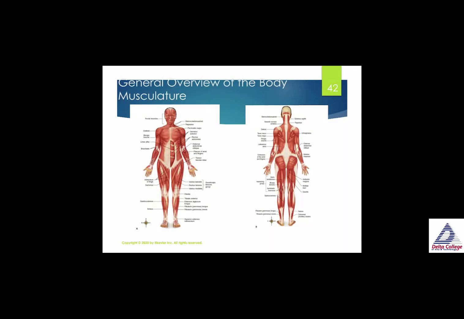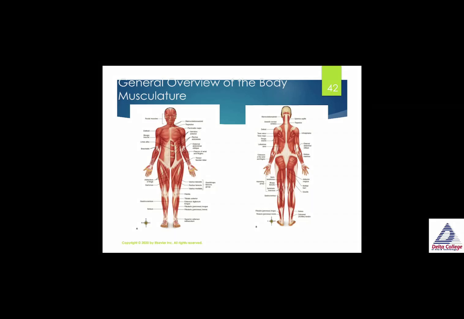Again, you will not be labeling, but you have to know which muscles are in certain areas and what they move. You can see in this image on the right side in the back of the body, the calf muscle is actually the gastrocnemius.